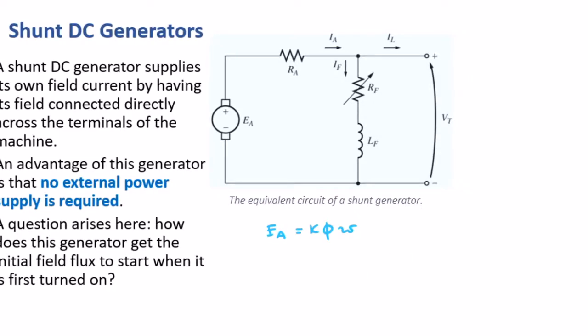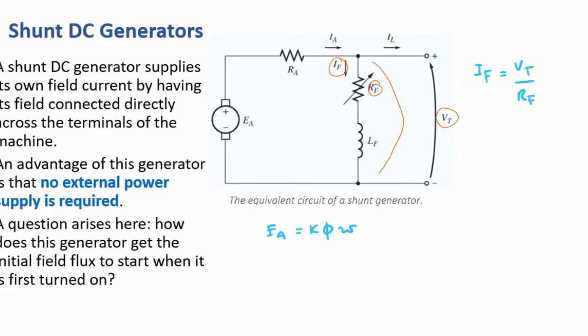From this equivalent circuit, first let's find what IF is. This is IF, the field current, and it is equal to VT, this voltage here, over the resistance, which is RF. So IF equals VT over RF.